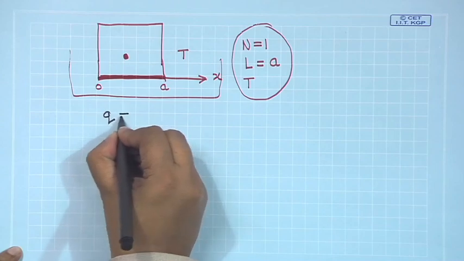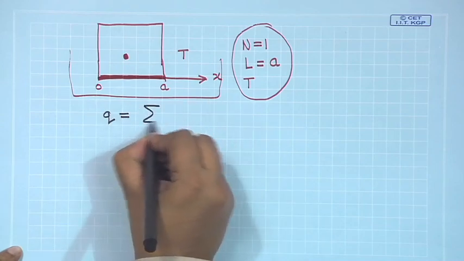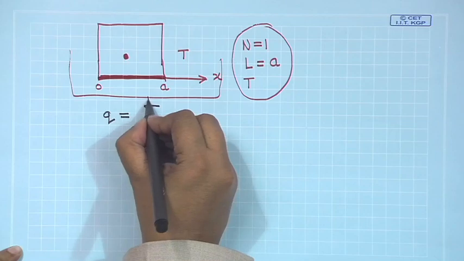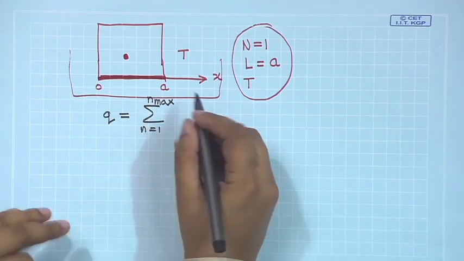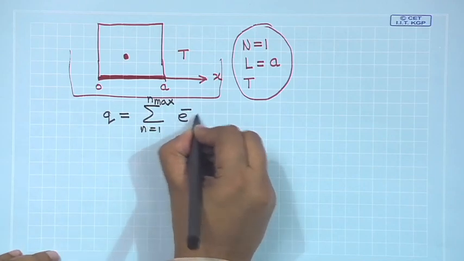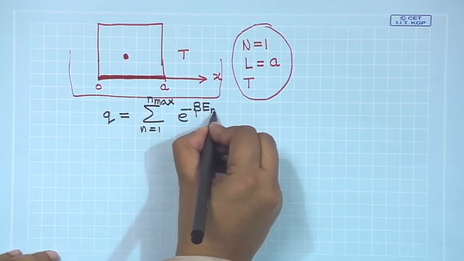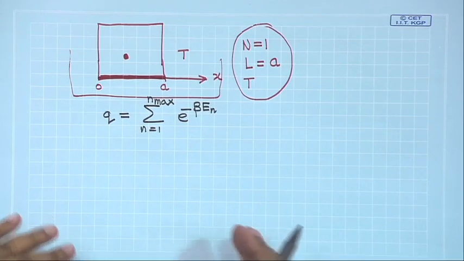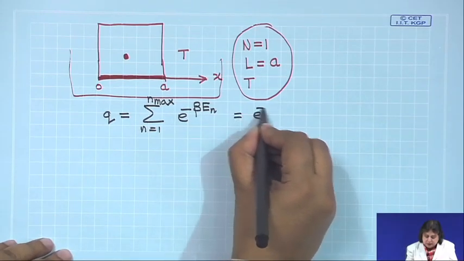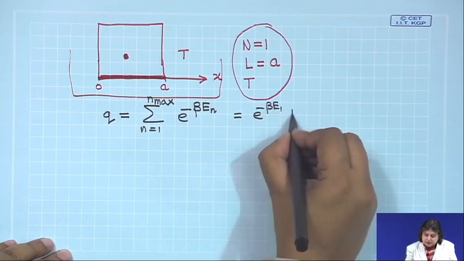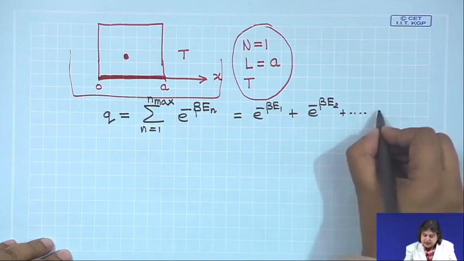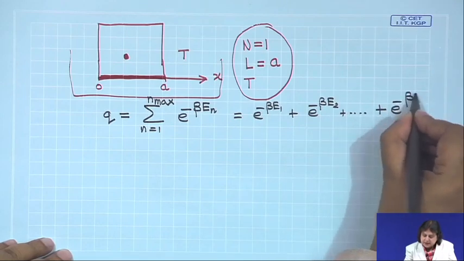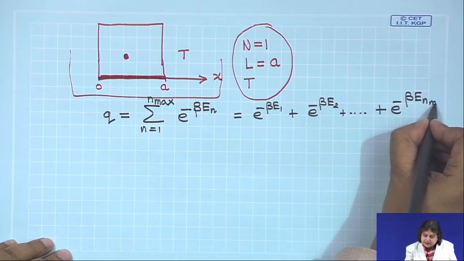Now, my small q is a number like, say, the summation over n going from 1 to some n max, for the purpose of my actual summation, of e to the power of minus beta E n. If I do this summation, then I will have e to the power minus beta E 1 plus e to the power of minus beta E 2 and so on and so forth, up to e to the power minus beta E n max.